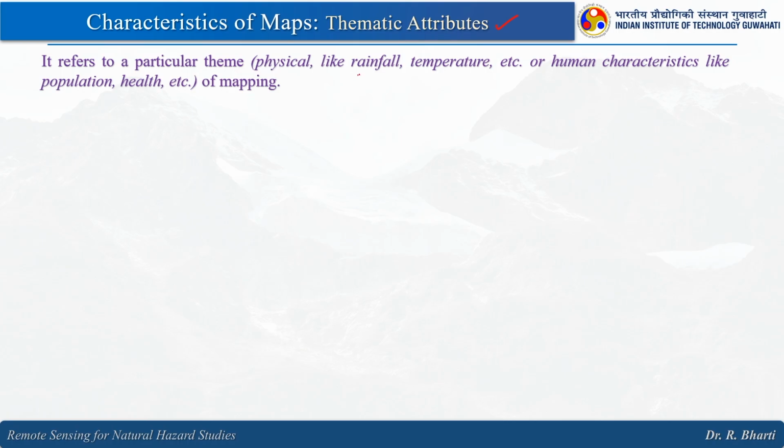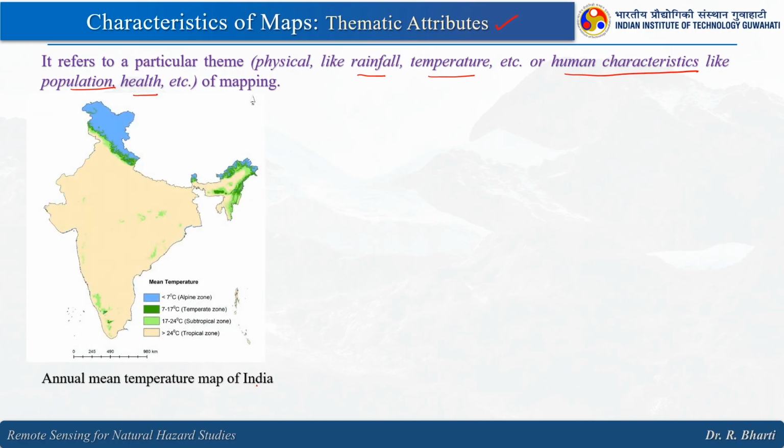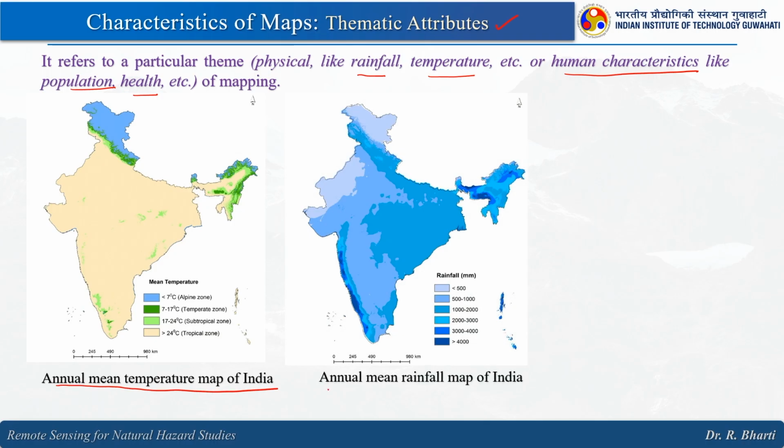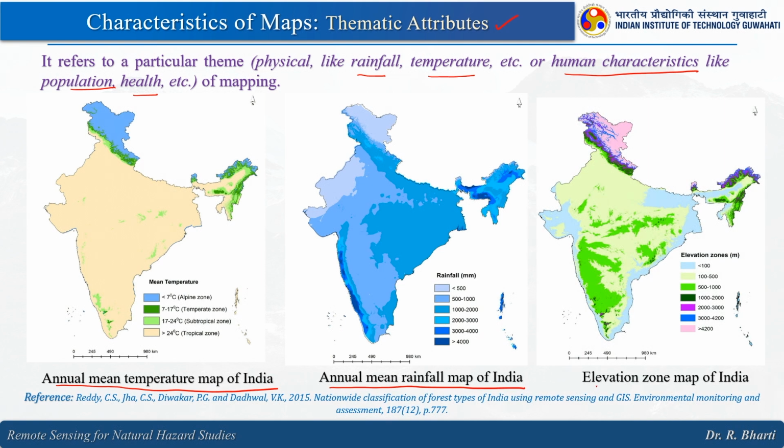It can be rainfall, temperature, or human characteristics like population, health, etc., which can be used to generate the map. These are examples of thematic attributes. Here is the annual mean temperature map of India, the annual mean rainfall map of India, and here is the elevation zone of India.